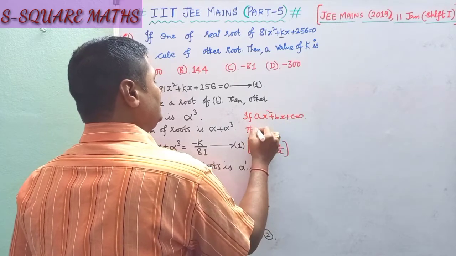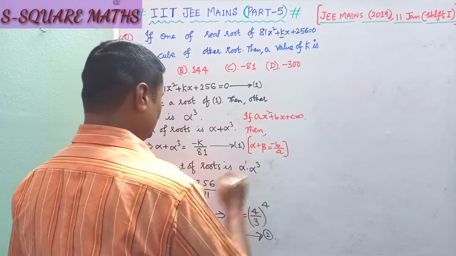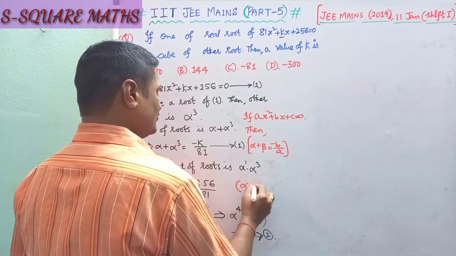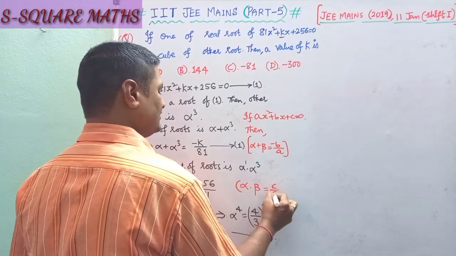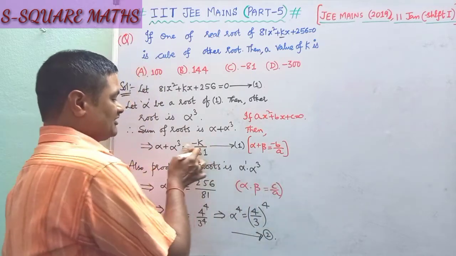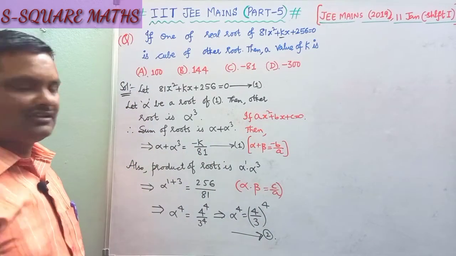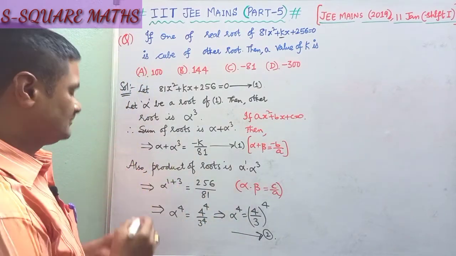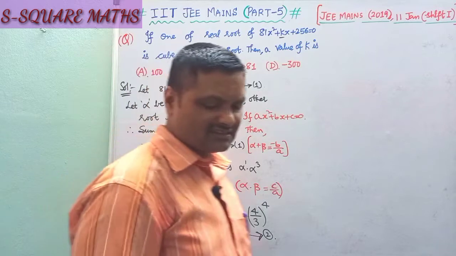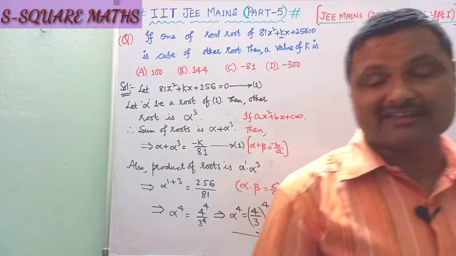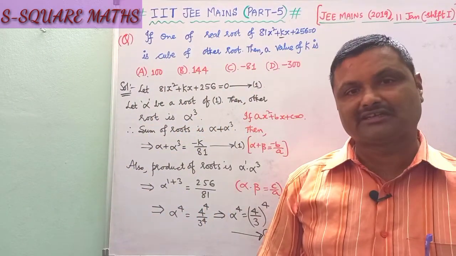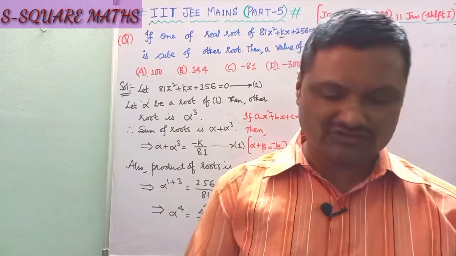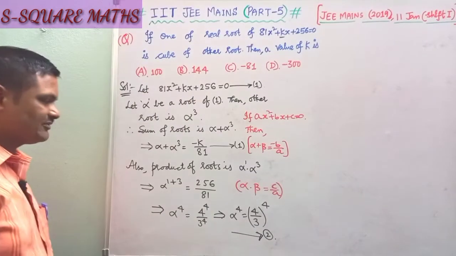Also, the product of the roots is c by a, where beta is alpha cube. From this we have to determine the value of k. Let us proceed now.